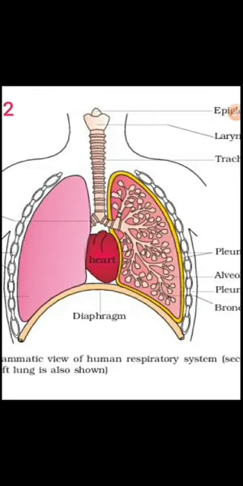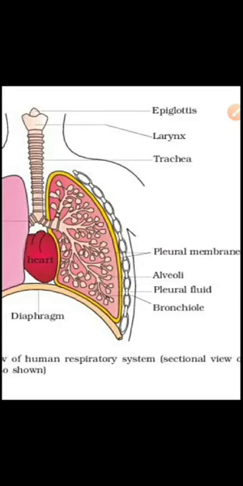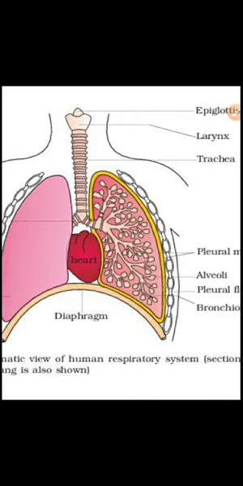The respiratory system starts with the nostrils. The openings of a nose are known as nostrils, which then go to the nasal chamber, then reach the pharynx.